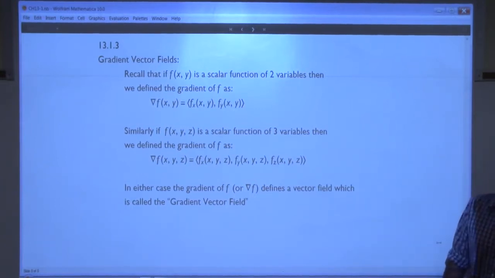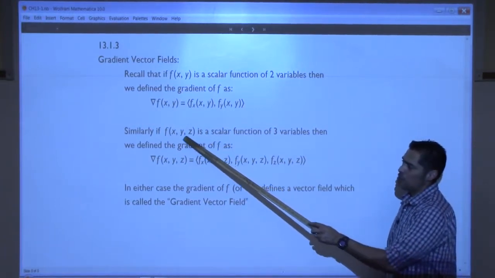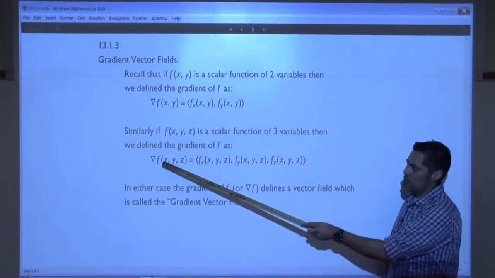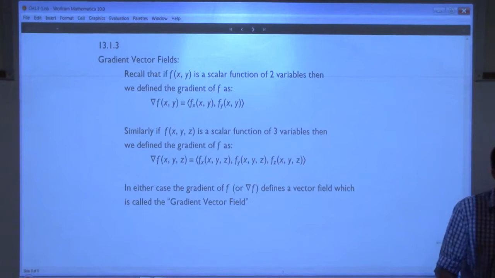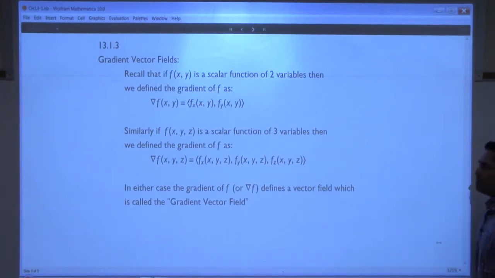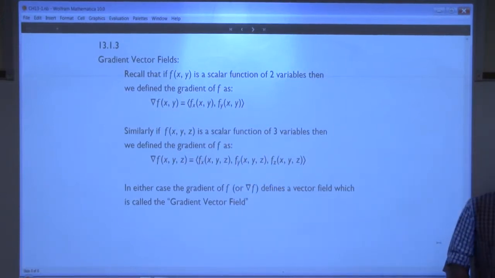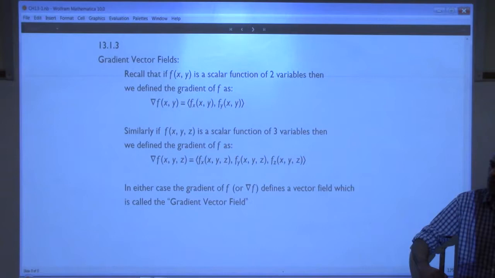If I have a scalar function with three variables in it, then I can also ask for the gradient, which you would do the same, and you would get a vector with three components. So in either case, if somebody gives you a scalar function, you can always create this vector from it, right?